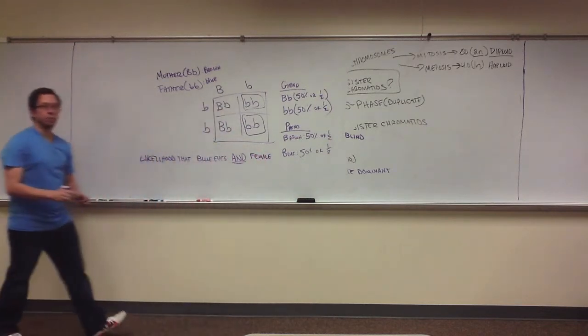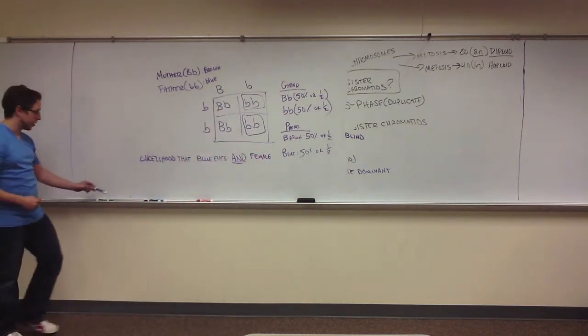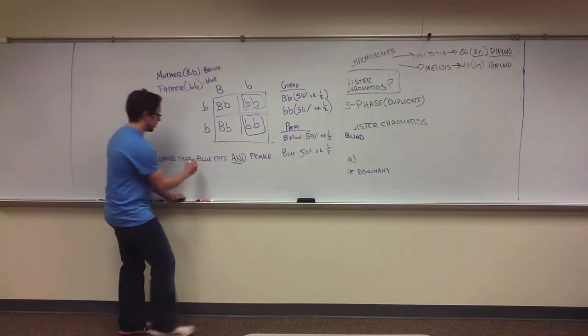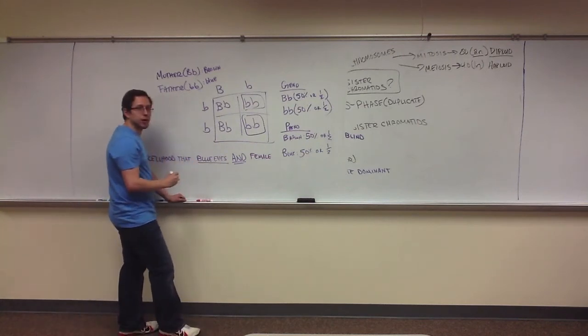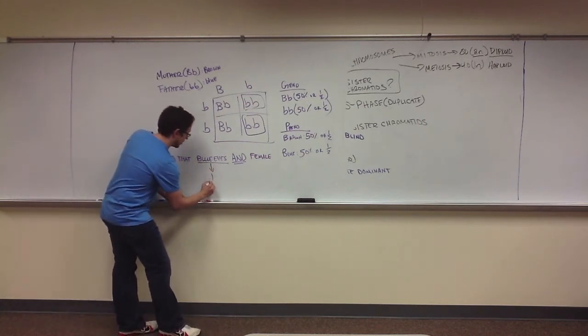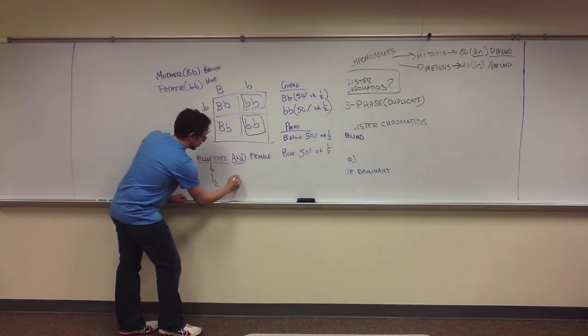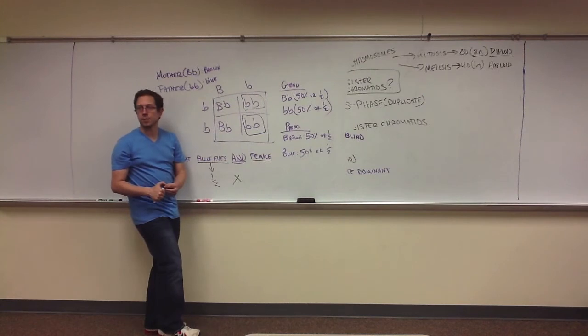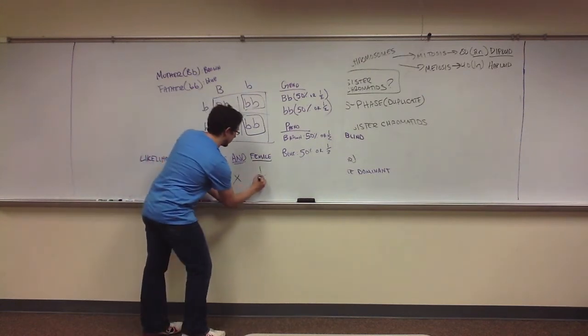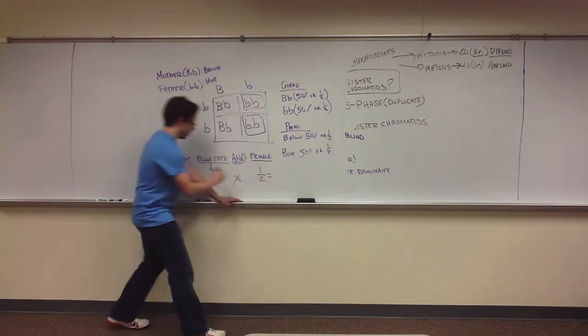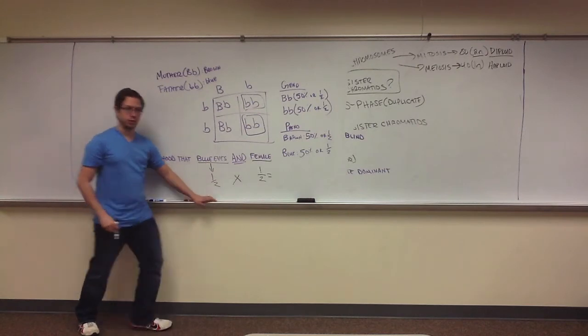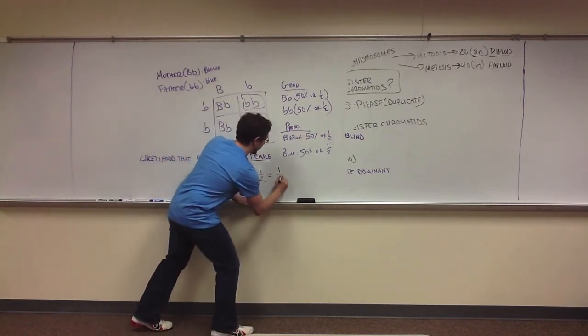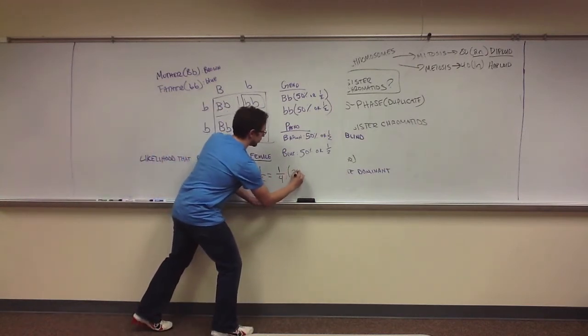So are we going to add or multiply? Multiply, right? What's the percent chance or the fraction that I get blue eyes? 1/2. And means I'm going to multiply. And what's the percent chance or the fraction that I'll get a female? 1/2, right? Which then means 1/2 times 1/2 is 1/4. And if I write that as a percentage, it's going to be 25%.